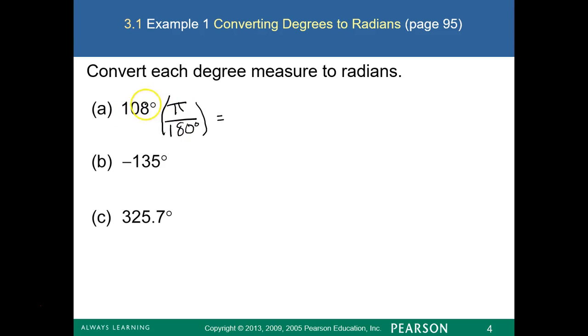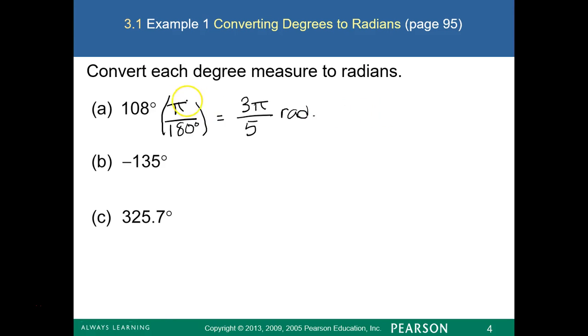Simplify that as much as possible, not in decimal form: 108 over 180 simplifies to 3/5. So we just tag on the pi and say 3 pi over 5, and we're done. That is in radians. You can either leave it as is, or you can say radians on the end.